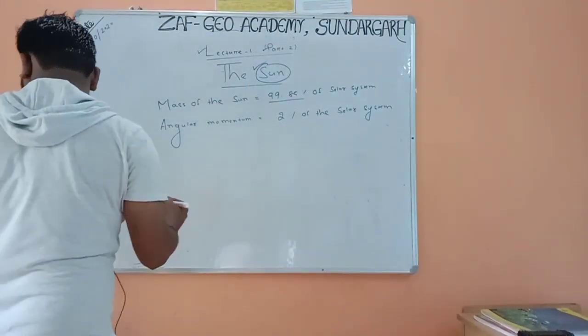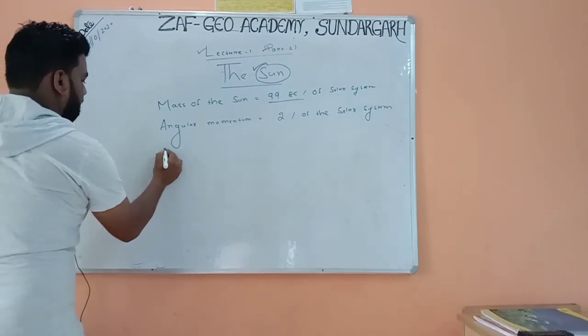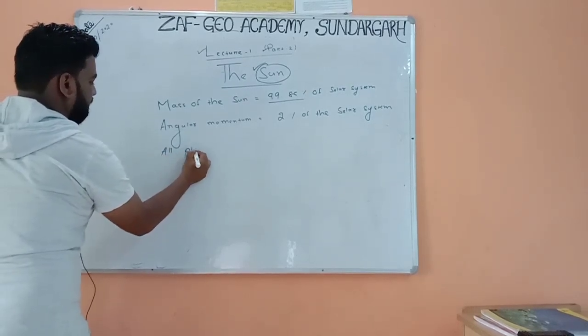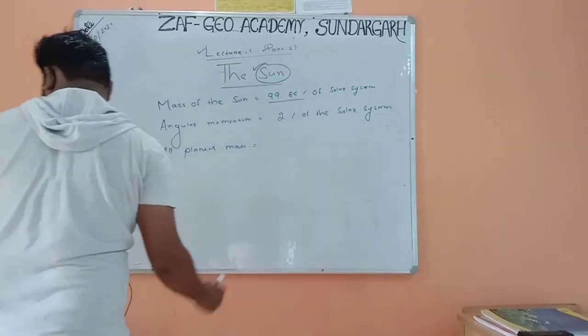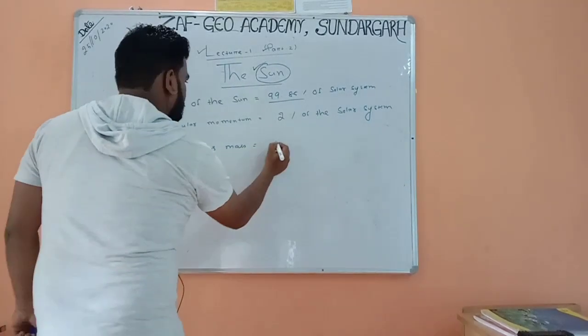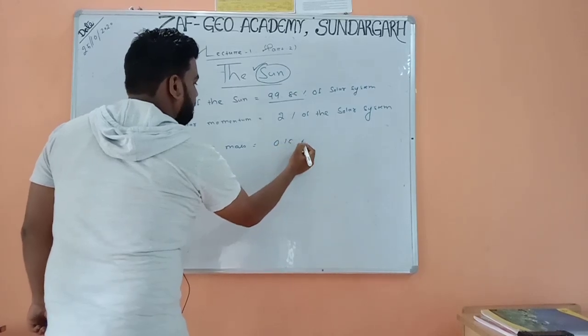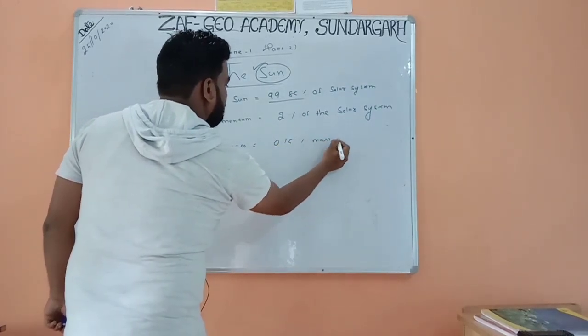Next, all planets' mass contributes only 0.15% of the mass of the solar system.